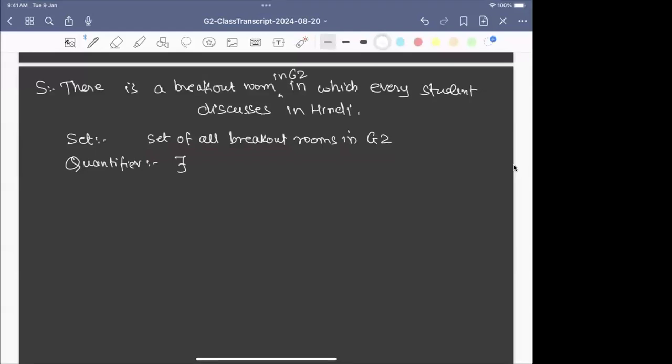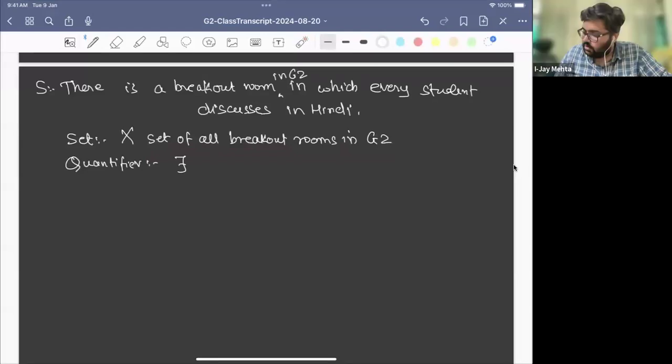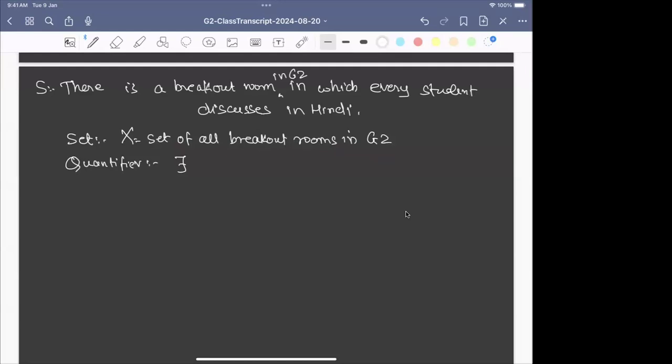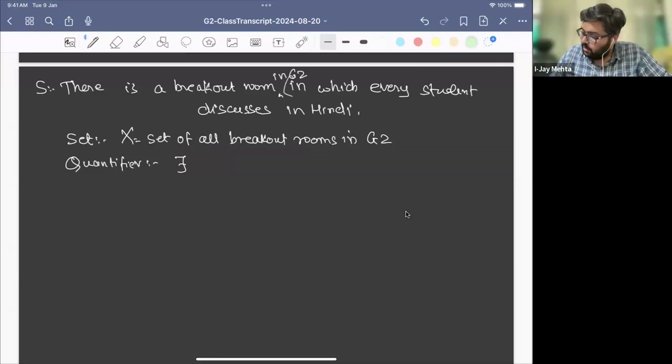X. Okay, X is the set of all breakout rooms in G2, right? 10 breakout rooms are there. I can see students from 10 rooms. Okay, room number 4, Priyanshi. What is the property? That every student discusses in Hindi. Yes, every student in the breakout room discusses in Hindi.